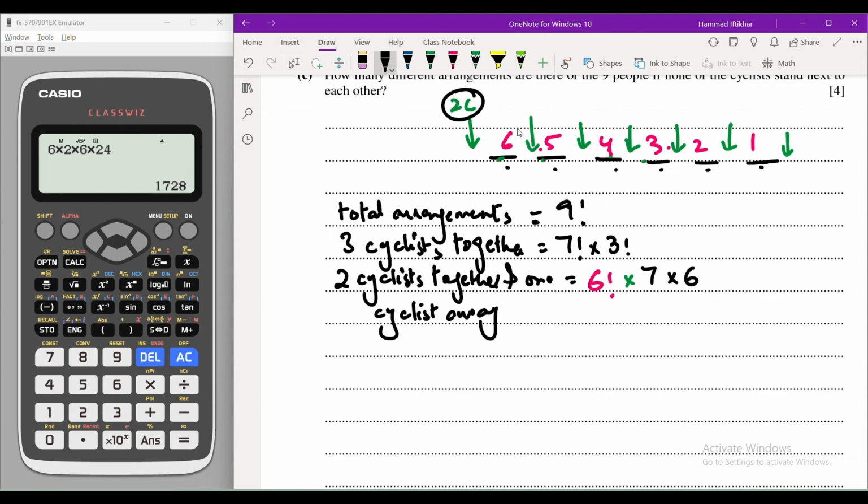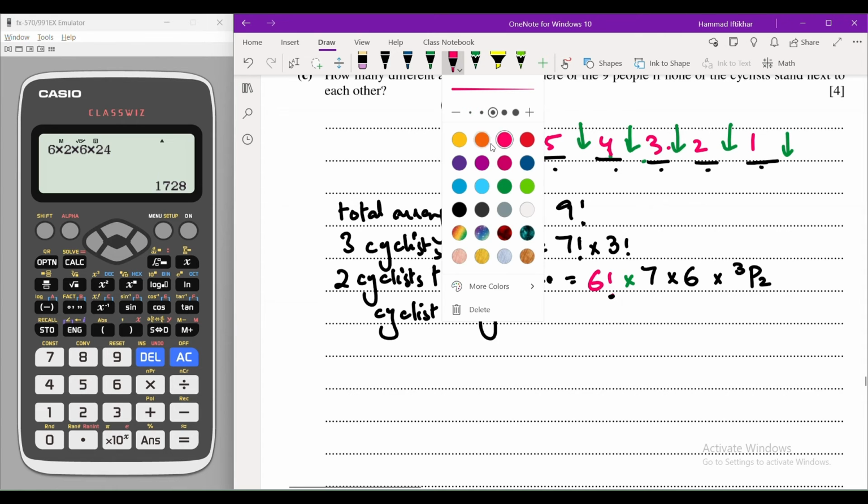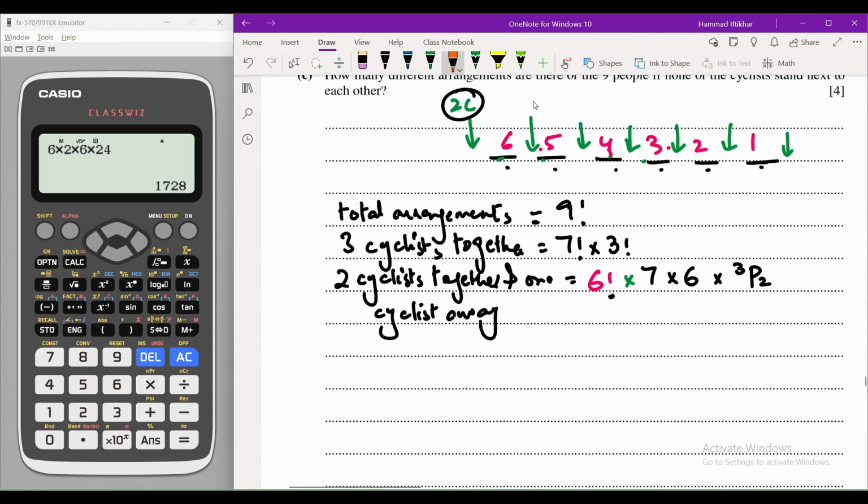And the 2 cyclists have their own permutation. So 6 factorial is for the people other than the cyclists. Then we have 7 choices to place the group of 2 cyclists. And the other cyclist will be in any other place, so it will have 6 choices rather than 7 because one of the places will be occupied by the group. So times 6.